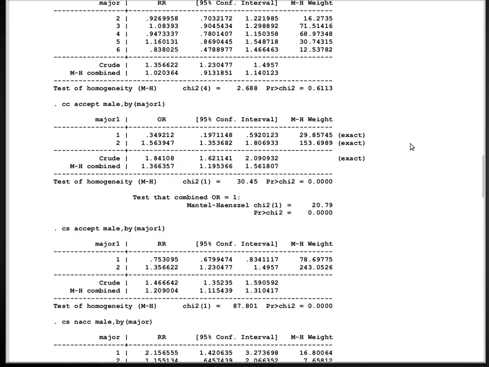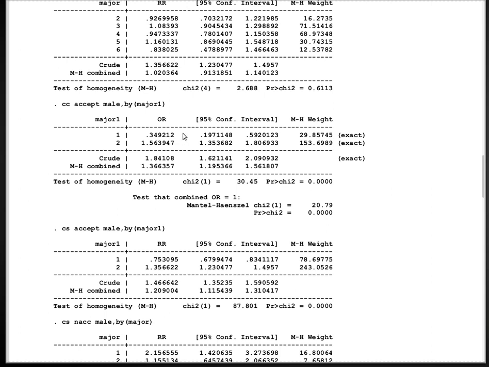And if we were to repeat this analysis separately for these 2 majors, major 1 and all the other majors, in other words, if I was to group all of the other majors together, then what I get is some indication here of a difference in the odds ratio.